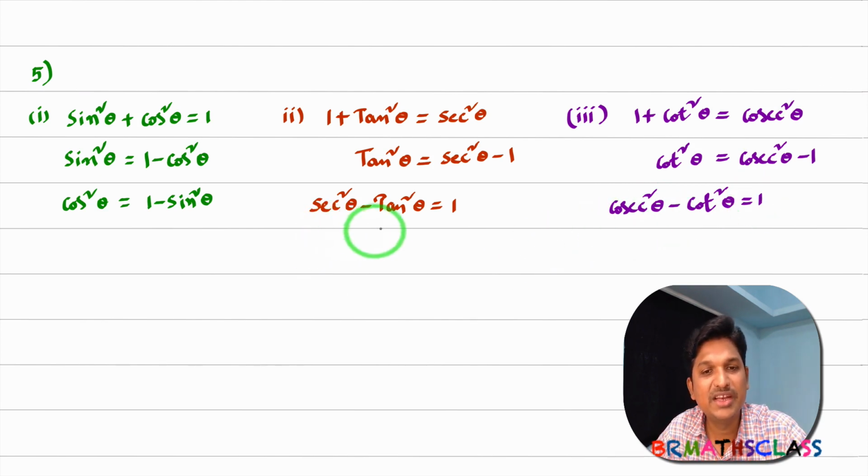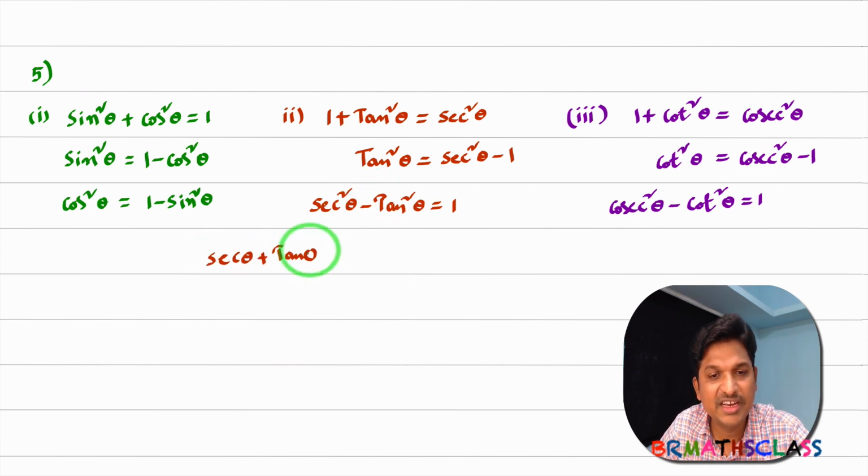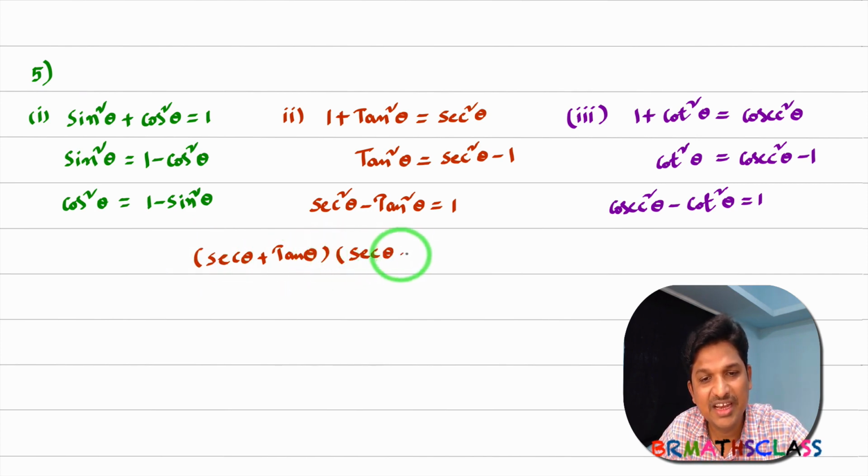See, secant square theta minus tan square theta looks like a square minus b square. What is the formula for a square minus b square? A plus b into a minus b. So here I can write secant square theta minus tan square theta as secant theta plus tan theta into secant theta minus tan theta equal to 1.